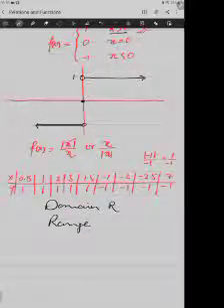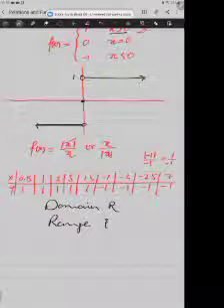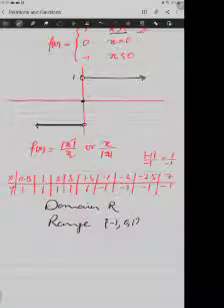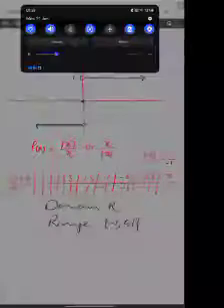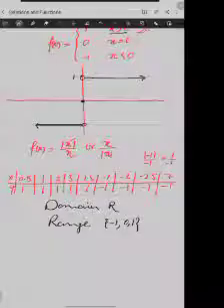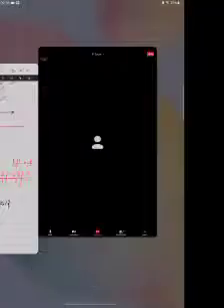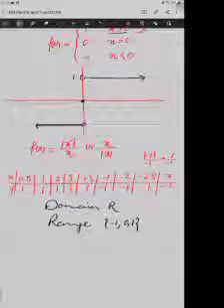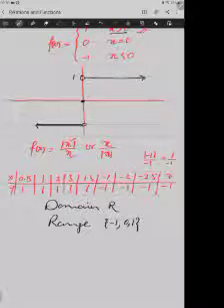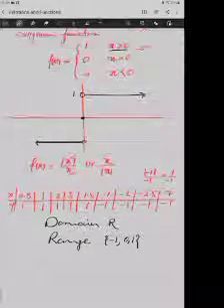And the range is only 3 things, that is minus 1, 0, and 1. So we are going to put in the range only these 3 numbers. Likewise, we can calculate the domain and range of these functions. So the signum function also we are able to understand.